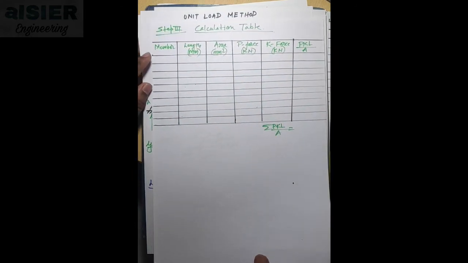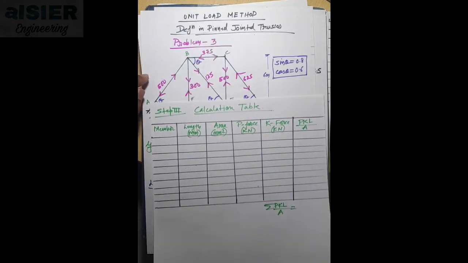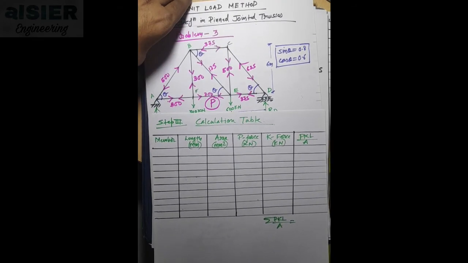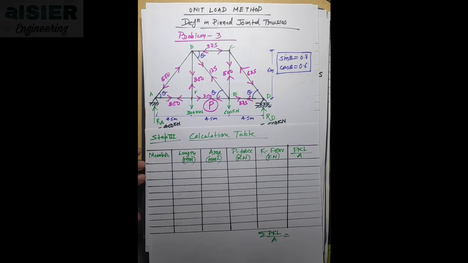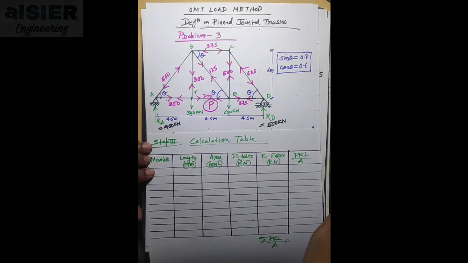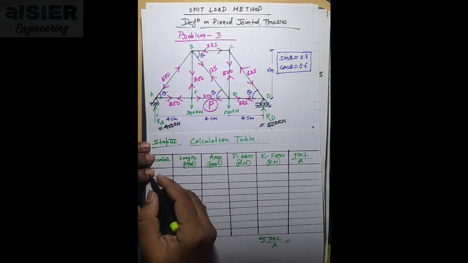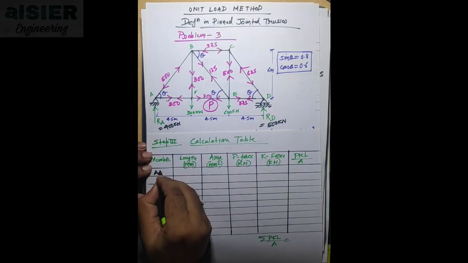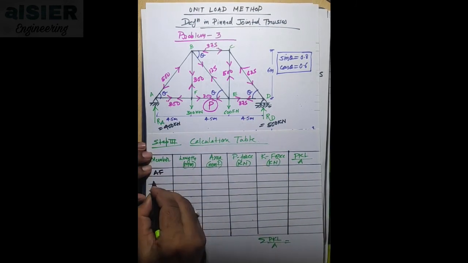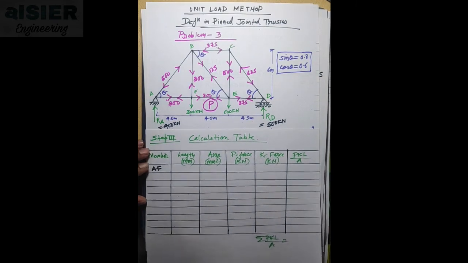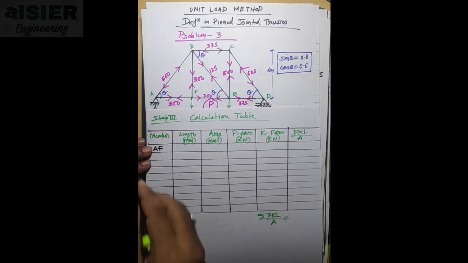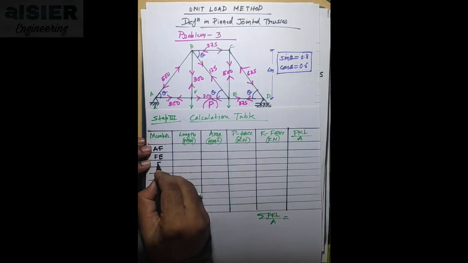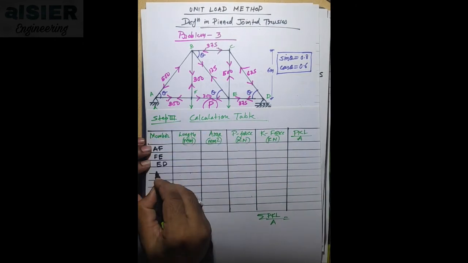For step 3, we will come back to our main numerical and fill the data in the calculation table, which is ready. First we will write down all horizontal members: AF, FE, ED and BC.